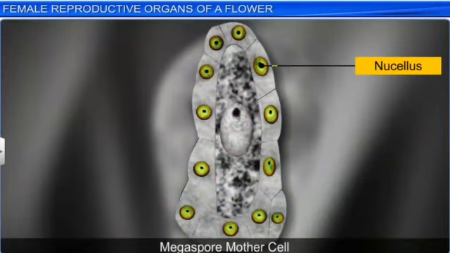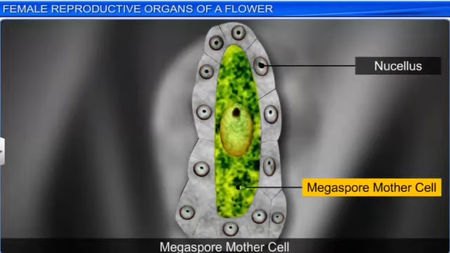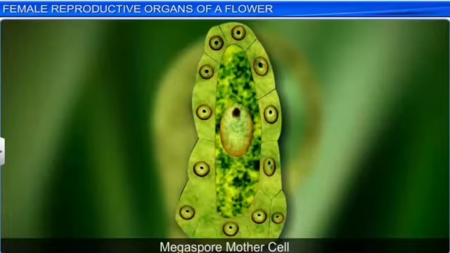What is this MMC? This megaspore mother cell is a large cell with a dense cytoplasm and a prominent nucleus. So this megaspore mother cell and the nucellus we can observe.